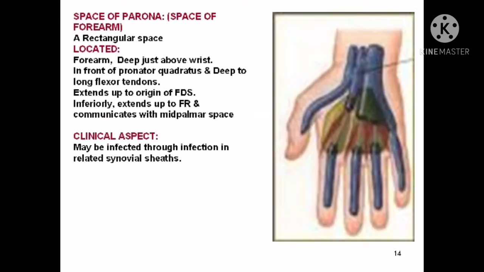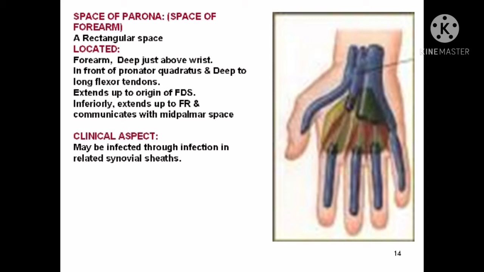The space of Parona, or the space of the forearm. It is a rectangular space located in the forearm, deep, just above the wrist, in front of pronator quadratus and deep to the long flexor tendons.